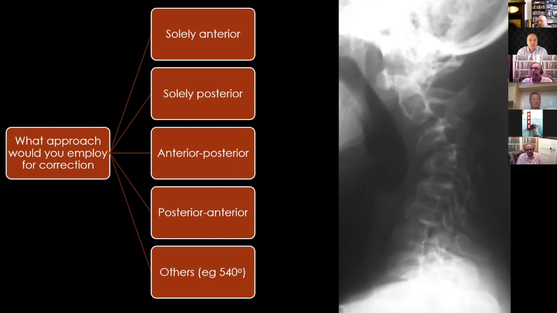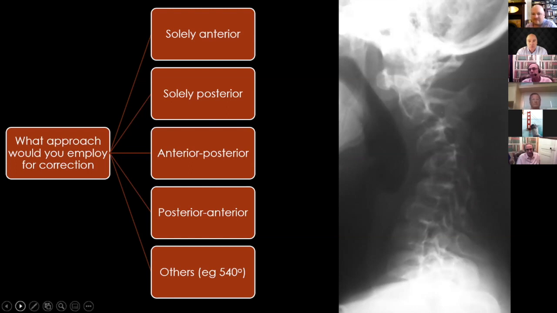The other question was which levels would you include in fusion? Occiput to T3, C2 to C6, or let's say C7, C2 to T1 or T2. Okay, Andrzej, people already voted, and yes, of course, majority of people agree with Mike Fallon's lectures. Okay, so this is the anterior-posterior approach which you suggest.